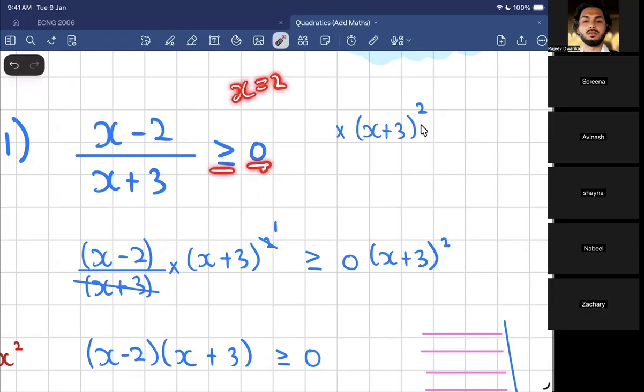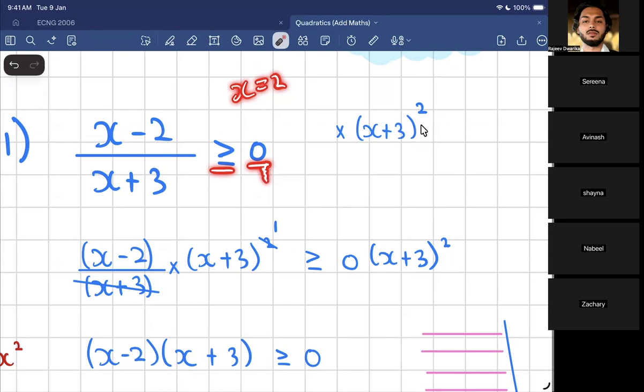So if you didn't want to do all of this, another method that I saw the other day that was really cool is you could take a value that is less than 2 and plug it in and see if it's giving you more than or equal to 0. Or you could take a value that is more than 2 and plug it in and see if it's giving you more than 0. You understand what I'm saying, right, Serena? Yes, sir, I understand.